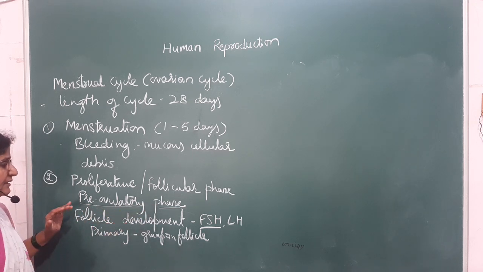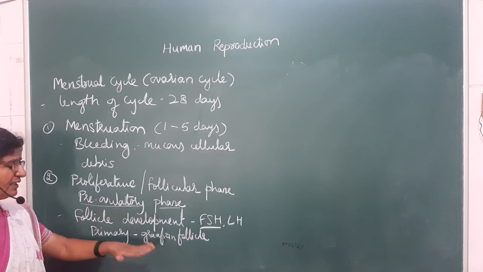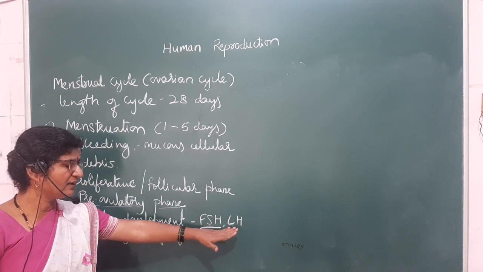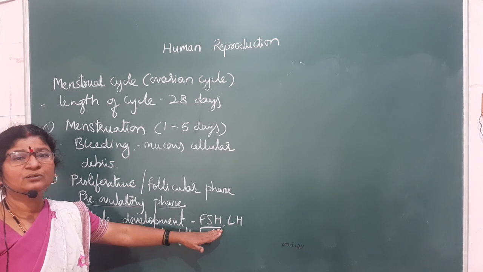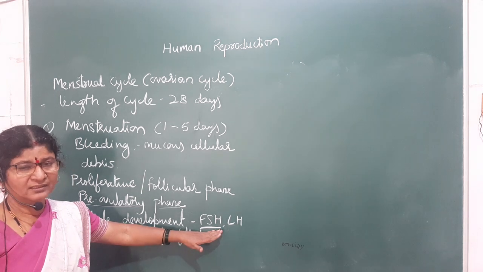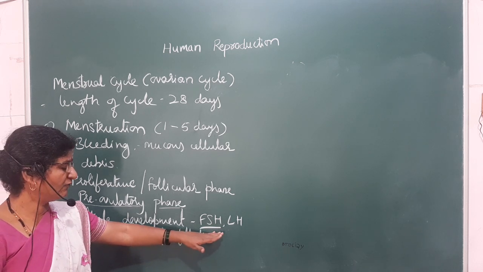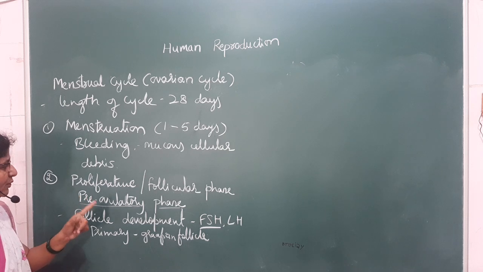Here the follicles develop from the primary to the Graafian follicle under the influence of FSH and LH. FSH will stimulate the oogenesis in the follicles. The ova will start developing in the follicles under the influence of FSH, and that is called the proliferative phase.